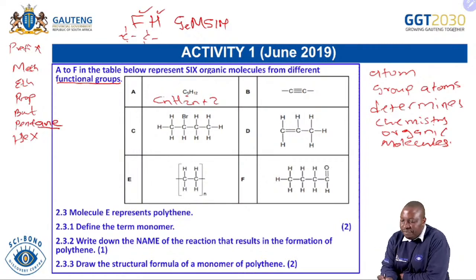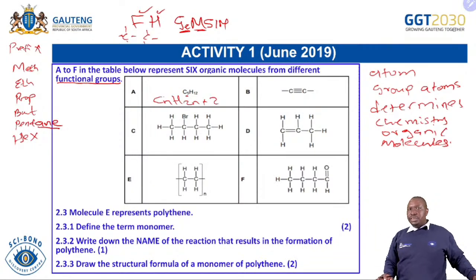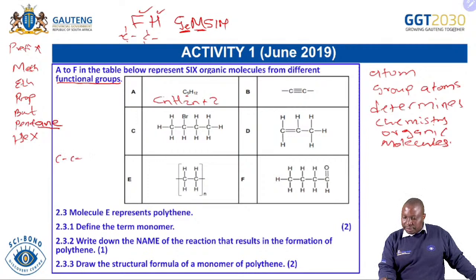So already you know the homologous series is alkane. Then you ask yourself, what is the general formula? The general formula is CnH2n plus 2. Then you ask yourself, what is the molecular formula? The molecular formula given is C5H12. What is the structural formula? Structural formula, remember, we are saying draw all the bonds around a carbon. So you must be able to say, okay, because it's 5 carbons, you will draw the 5 carbons.